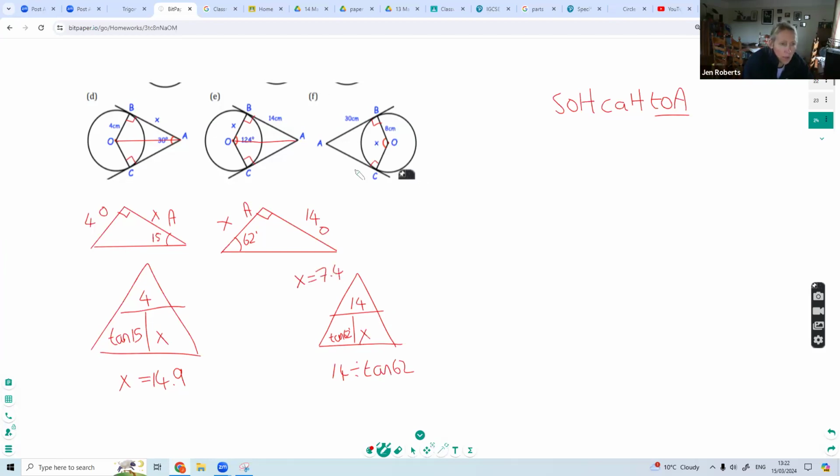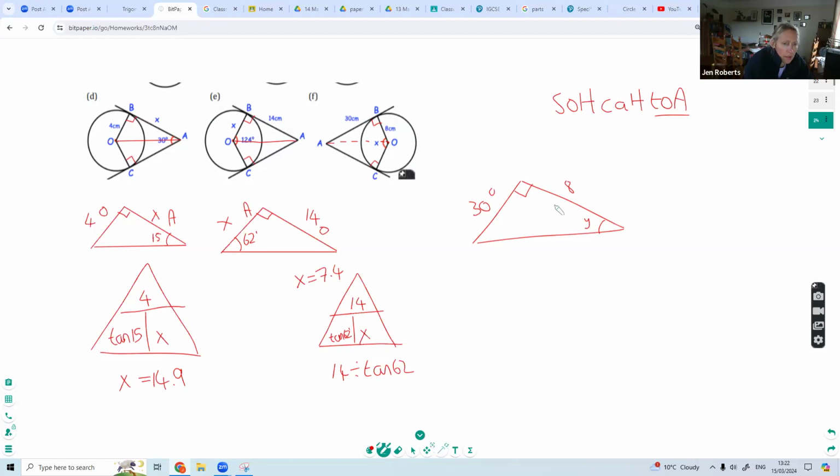And our last one, again, let's split it. That's 8, that's 30. Now, that's our full angle, but we're going to need to work with this angle first.